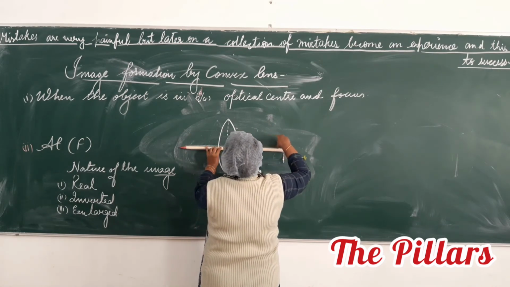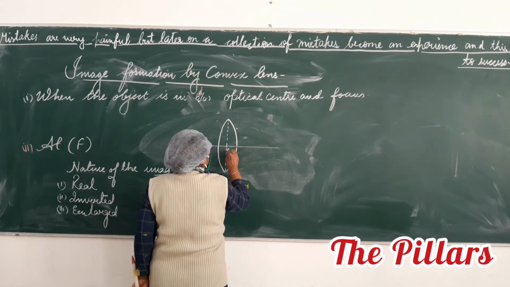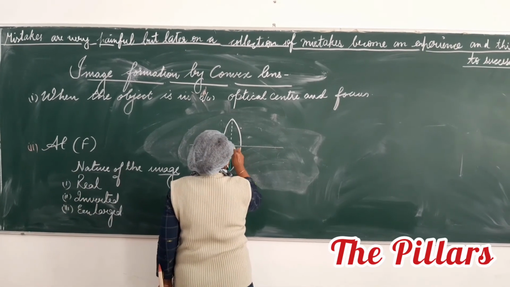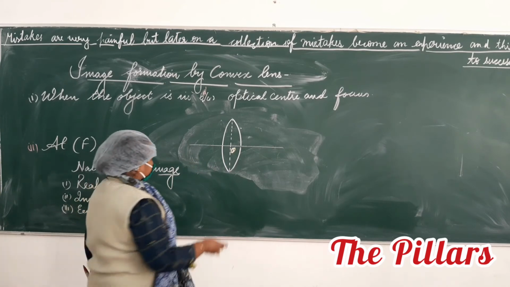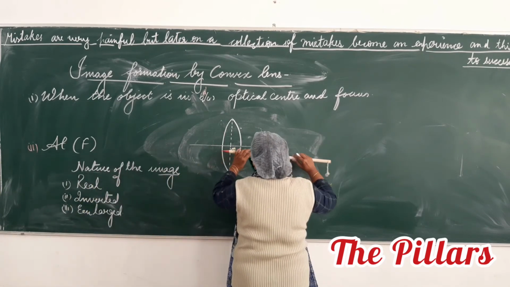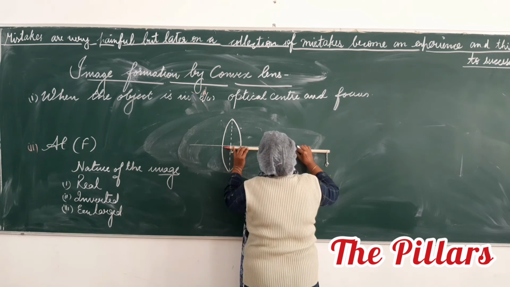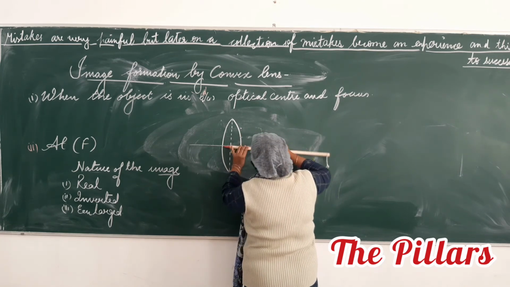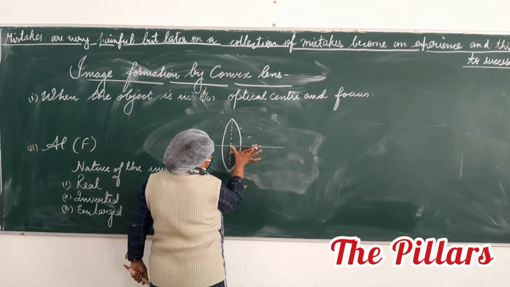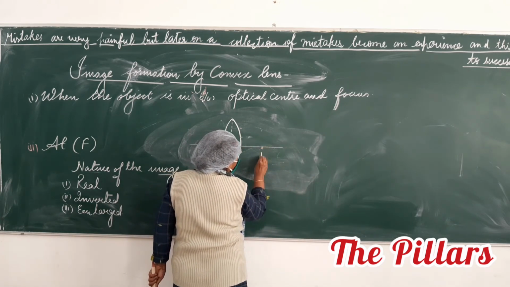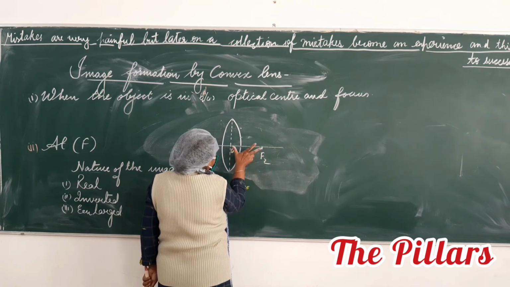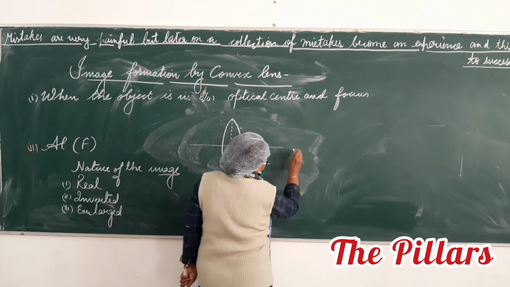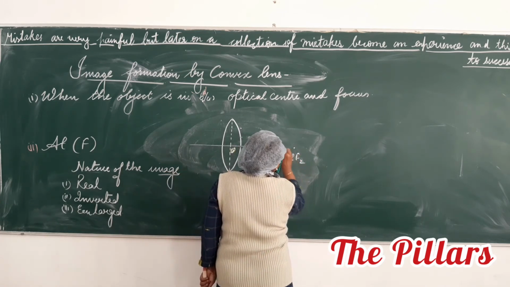So this is your optical center. Where is the image formed, Dhanraj? Behind. Behind 2F2. Very good. Suppose this is your F2 and this is your 2F2.